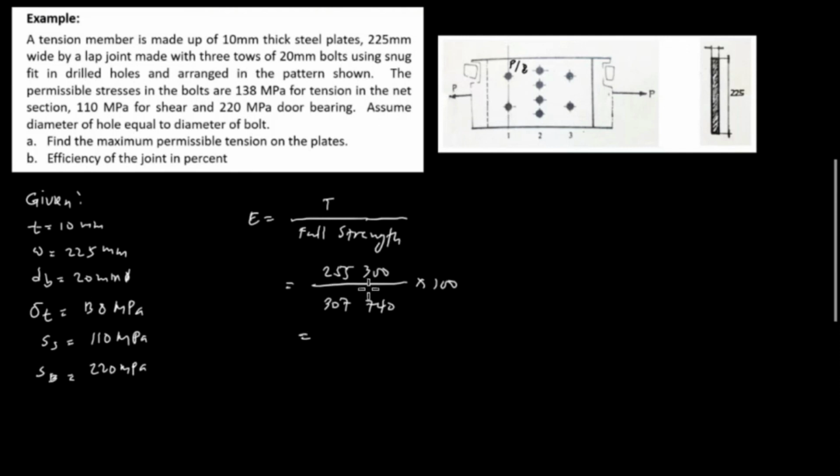So 255,300 divided by 307,740 multiplied by 100, and the value is 82.96%, and this is the efficiency of the joint in percent.